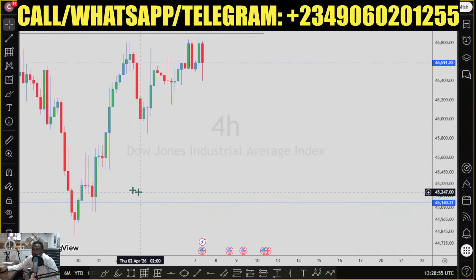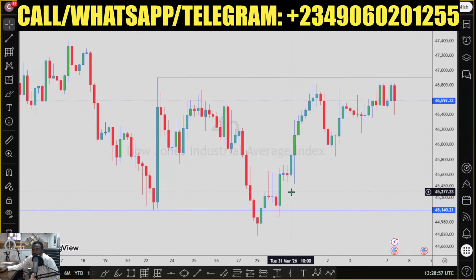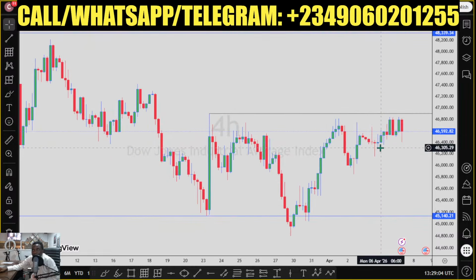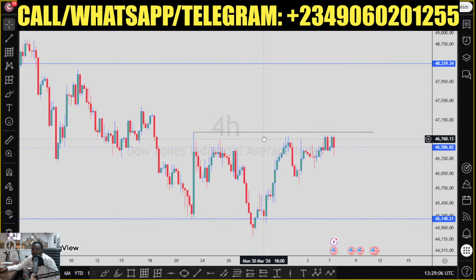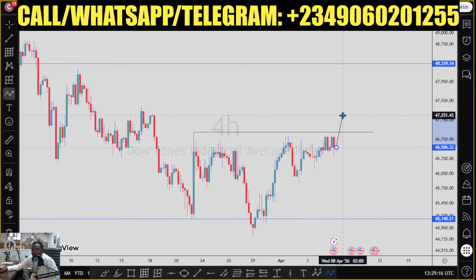Now let's zoom in on the 4-hour chart. On the 4-hour chart, we can see kind of a consolidation market structure. Now, we want to define buy side liquidities in this market structure. We have a low high swing right here. Can price just move on, tap this structure, and then come all the way down?